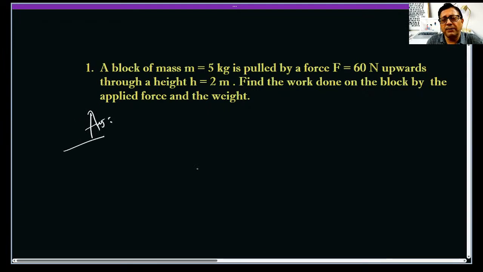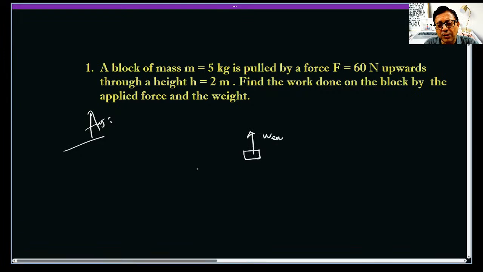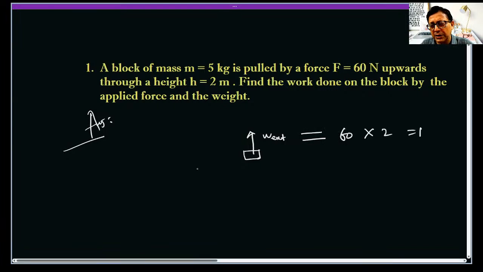So to solve this problem, we will apply the concept. Already I told you that work done by the external agent will be positive work. 60 multiplied by 2, this is 120 joules.